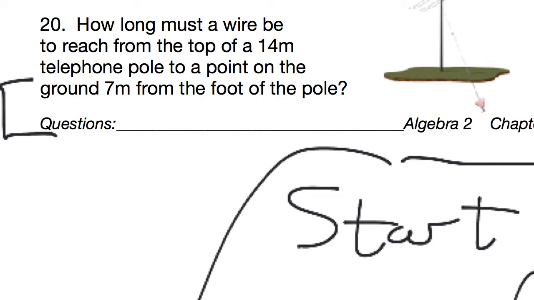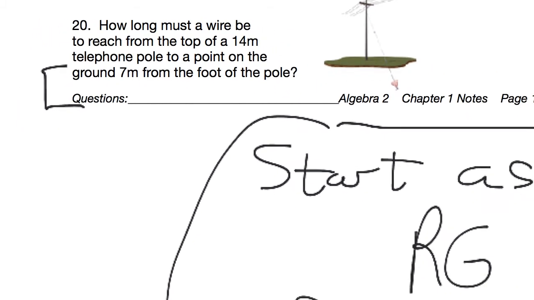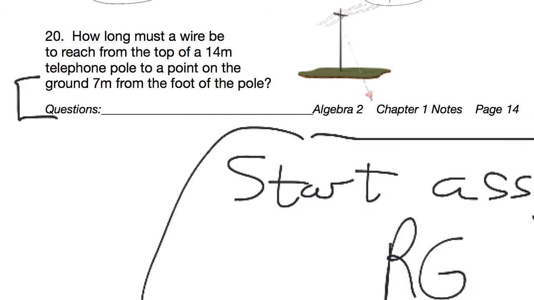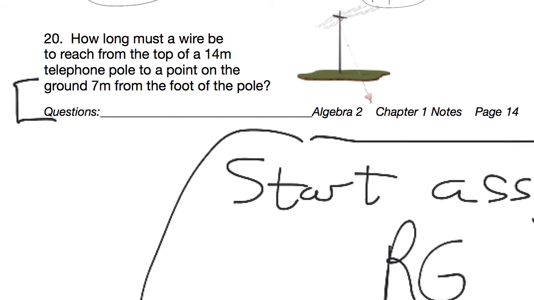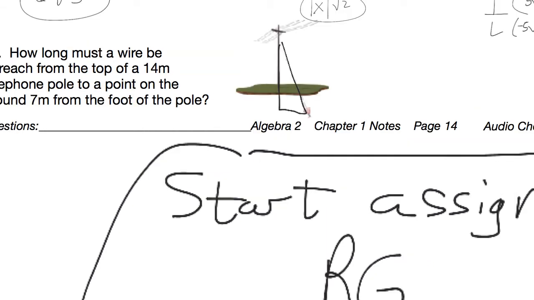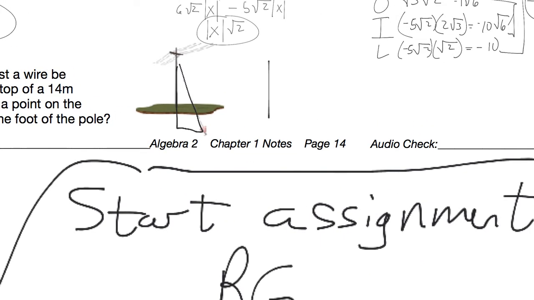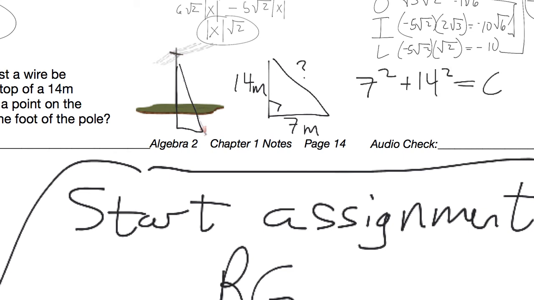How long must a wire be to reach the top of a 14-meter telephone pole from a point on the ground 7 meters away? If I'm going to redraw this triangle right here, it's really going to look like this. A point 7 meters away, 14 meters high, how long is the wire? There are the knowns and the one unknown. They're related like this: 7 squared plus 14 squared is equal to, I don't know what squared.